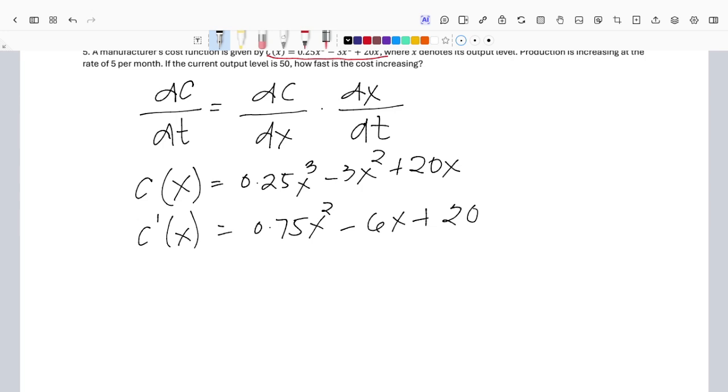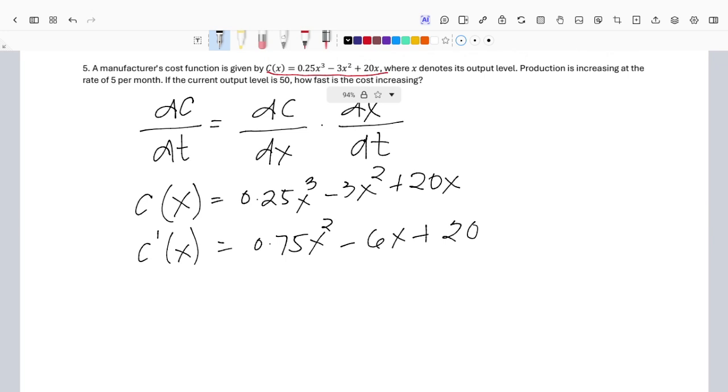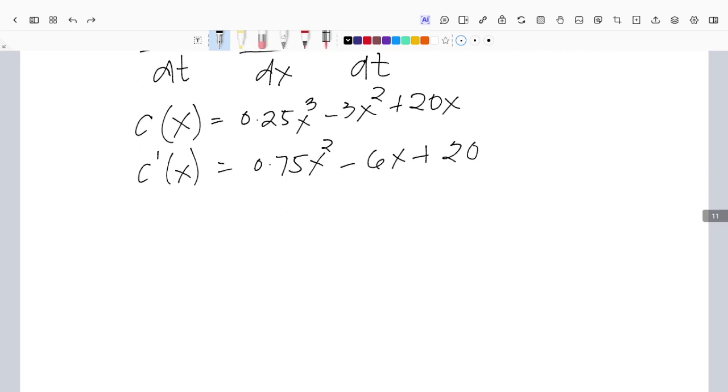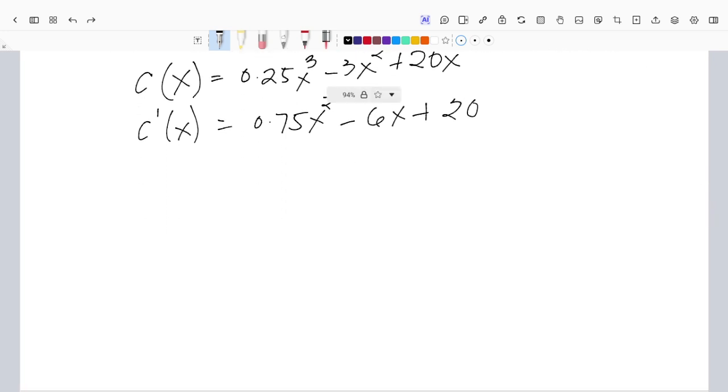And now from here, as it is expressed that the current output level is 50, therefore our x equals 50. Now that we got the derivative of our function, we substitute the value of x to the answer that we got.